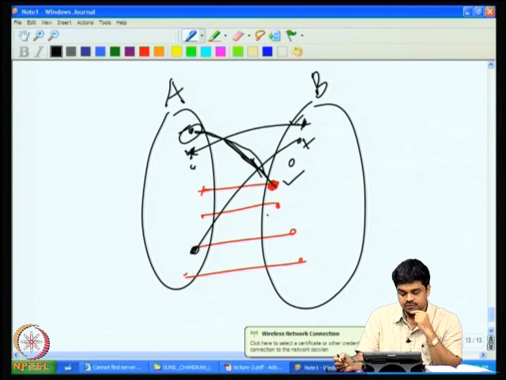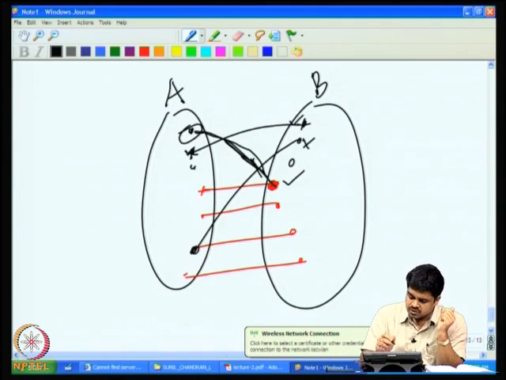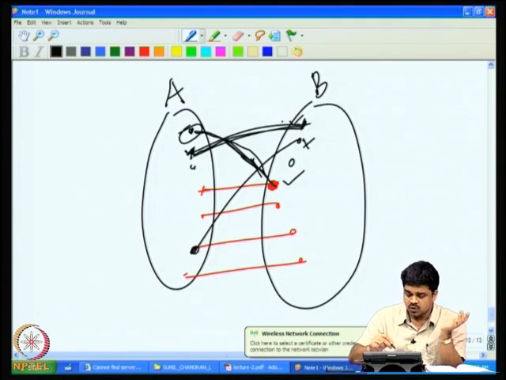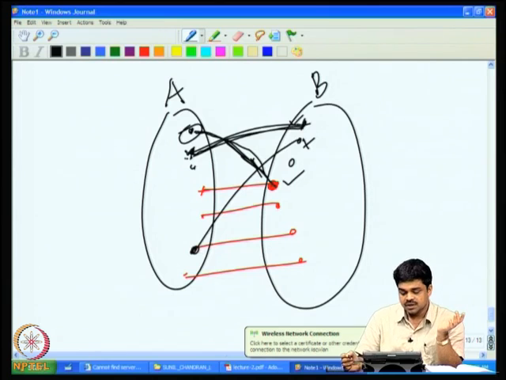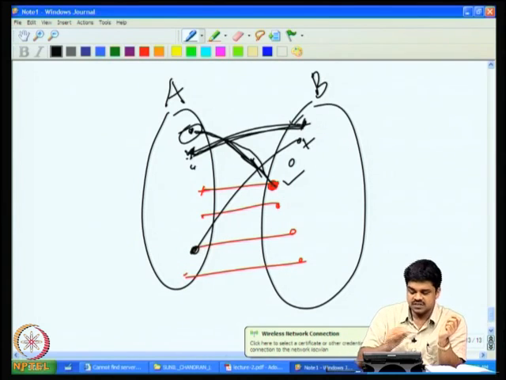So what should we do? We cannot do anything, since we have to cover this edge, either this or this should be there in the vertex cover. But the good thing is that we will never have such an edge.